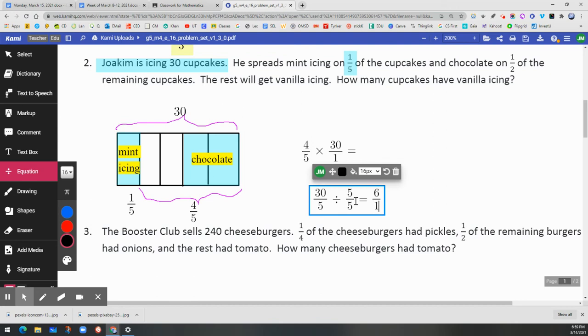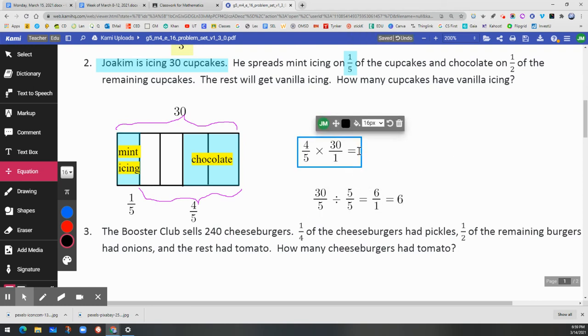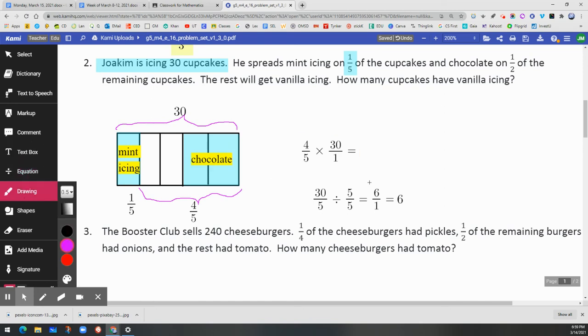So now we know that any number divided by 1 is going to yield the same number. Here's what I'm going to show you. Now the 30 is no longer a 30. I'm going to cross it out, and instead of the 30, we're going to write the 6, because we simplified it, okay?